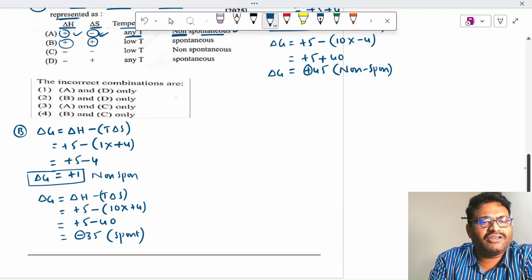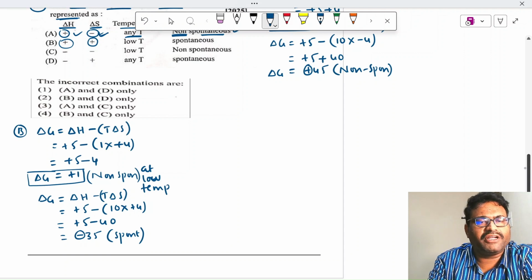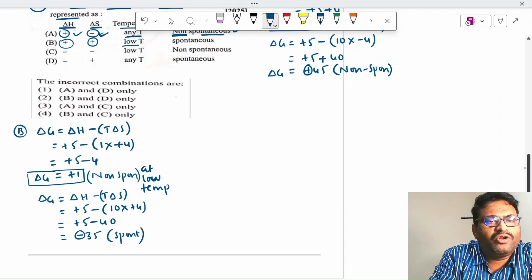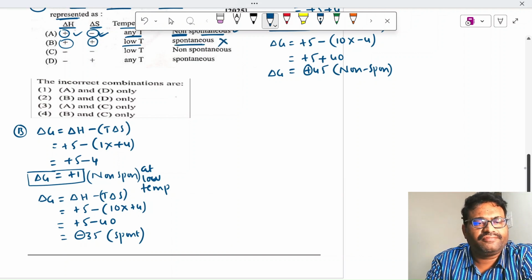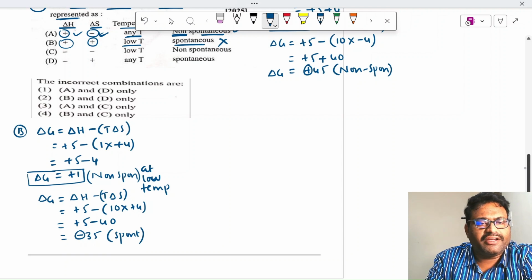So the condition is non-spontaneous at low temperature. At low temperature, non-spontaneous. So here it is given that at low temperature it is spontaneous. So it is wrong. It is spontaneous at high temperature.